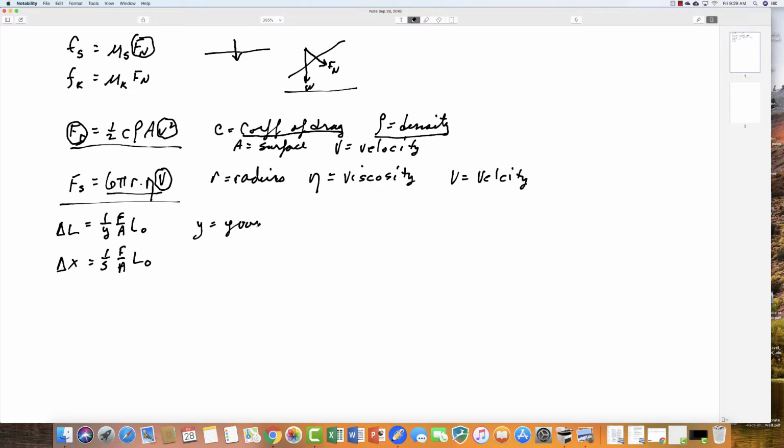F is the force applied to the material or an object, and A is the cross-sectional area, and L0 is the original length of the material. S stands for shear modulus, and the others are all the same. So one represents the lateral change, and the other represents the longitudinal change.